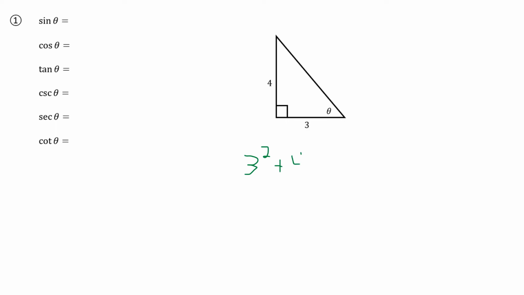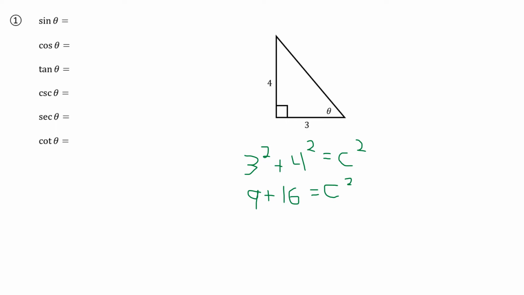I know 3 squared plus 4 squared will get me the hypotenuse squared. 3 times 3, of course, is 9, and 4 times 4 is 16. So I've got 9 plus 16 is c squared.